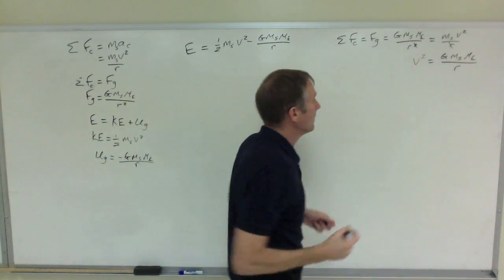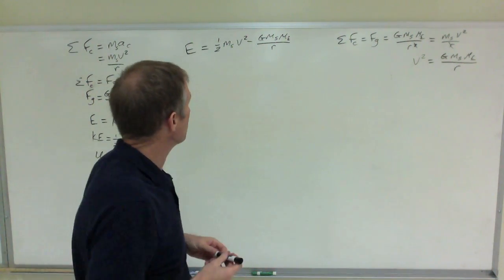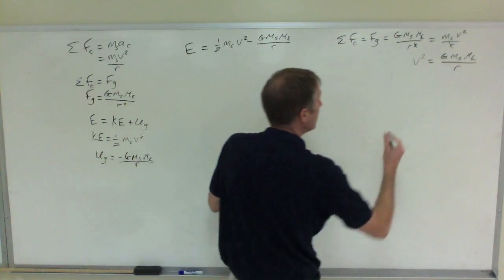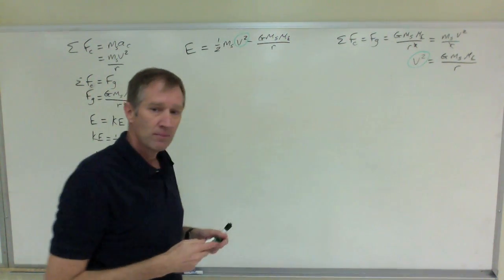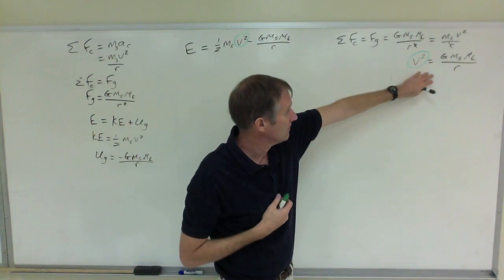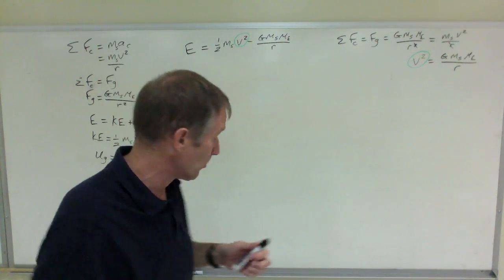All right. I'm going to leave it as v squared. The reason why I'm going to leave it as v squared is because I'm going to do a substitution. Now you can go off and calculate this and come up with an answer for the total energy of a satellite in circular orbit.